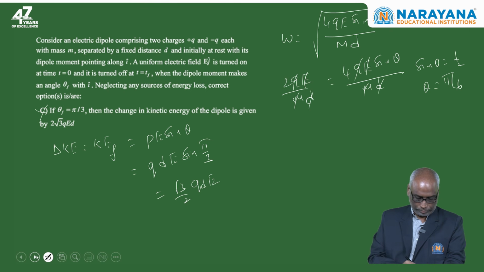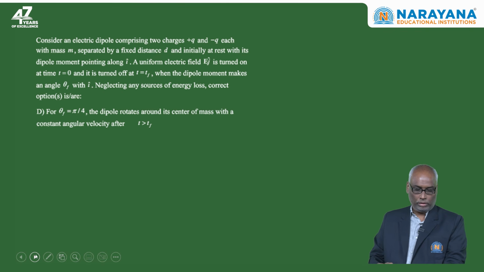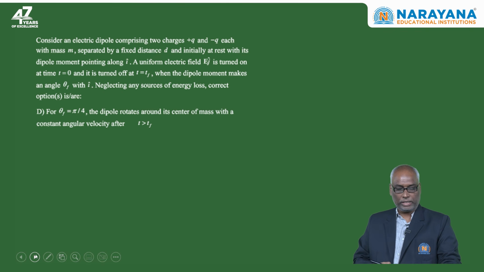Look at option D. Here it says that if theta f is equal to pi by 4, the dipole rotates around its center of mass with a constant angular velocity after t greater than Tf. So, if theta equals pi by 4, when t is greater than Tf, what is Tf here?